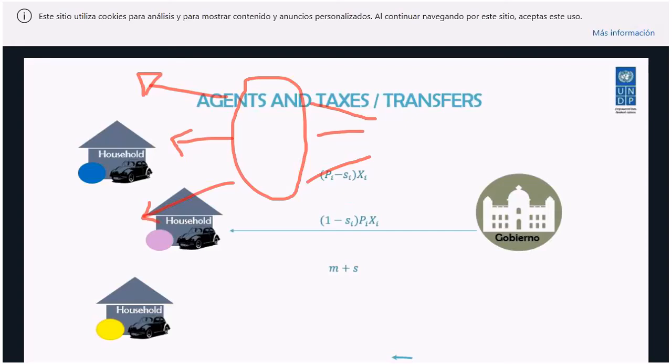So we can disentangle in our household data set the different interventions.